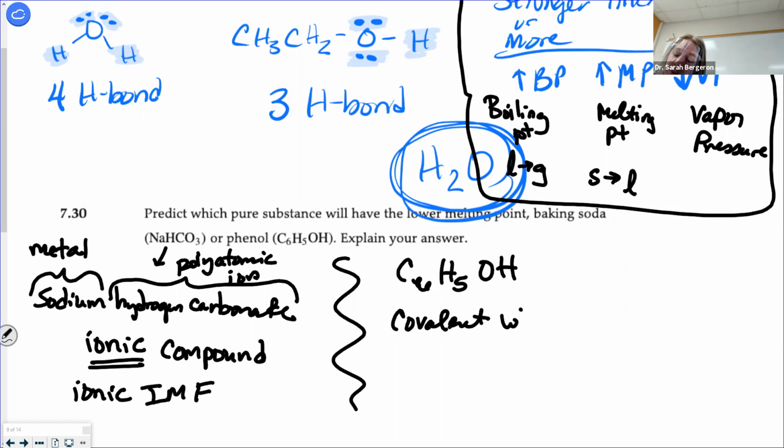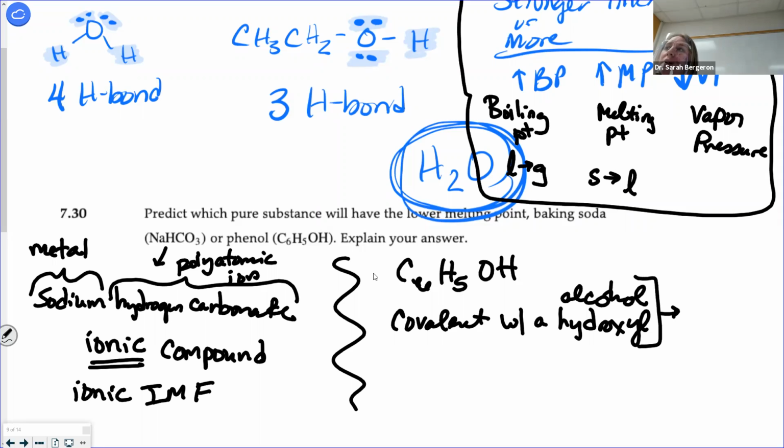So this is covalent with a hydroxyl or an alcohol, whichever way you want to say it. So if you have a hydroxyl or an alcohol, what kind of intermolecular forces can you have? Do you have a hydrogen bound to an electronegative element? Absolutely. So what is the strongest force that occurs if you have a hydroxyl? Hydrogen bonding.